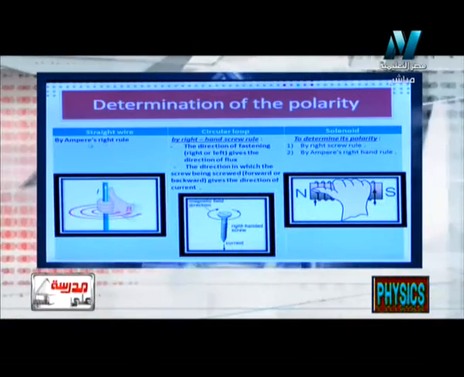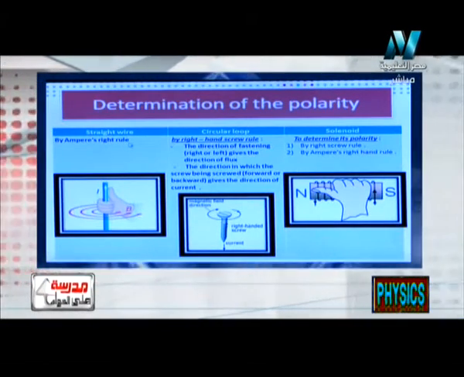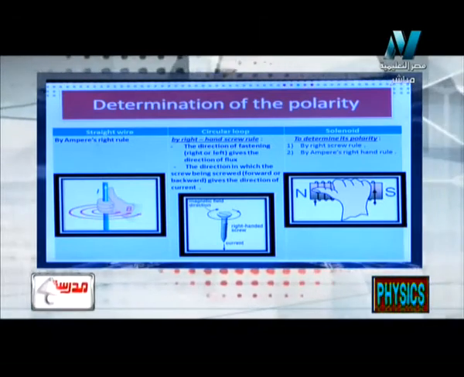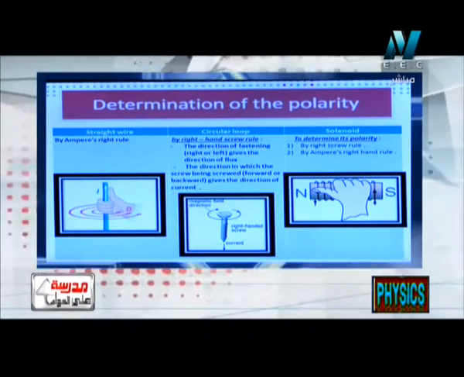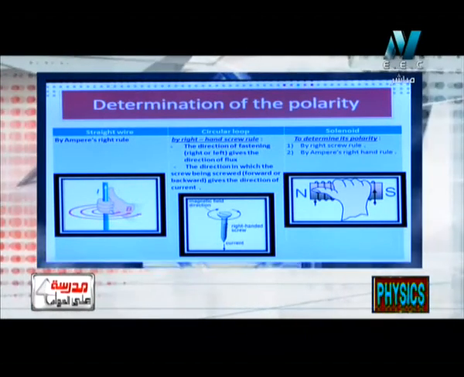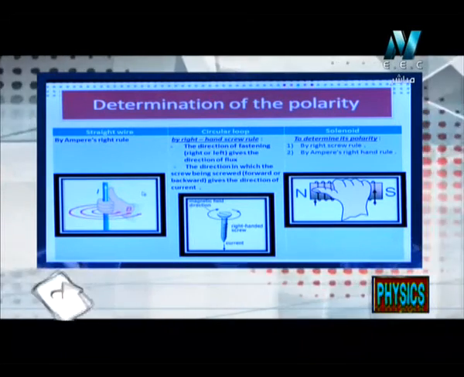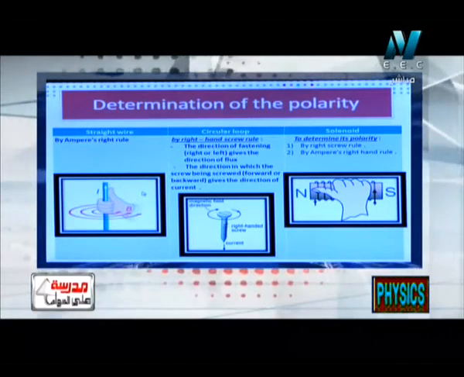Number one, what is the use of Ampere's right hand rule? Ampere's right hand rule is used to determine the polarity of the magnetic flux around a wire carrying a current.